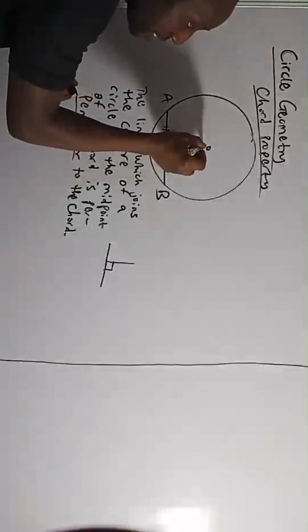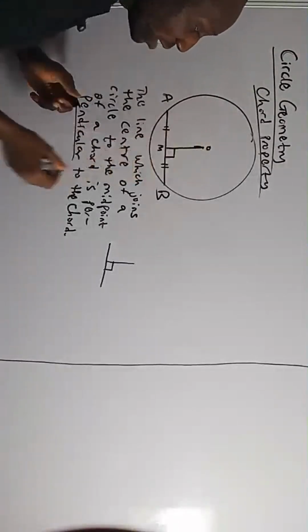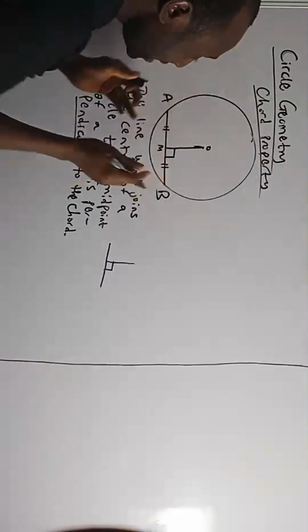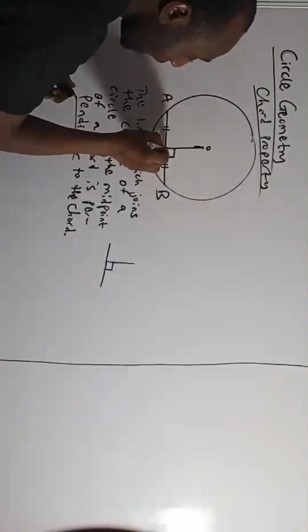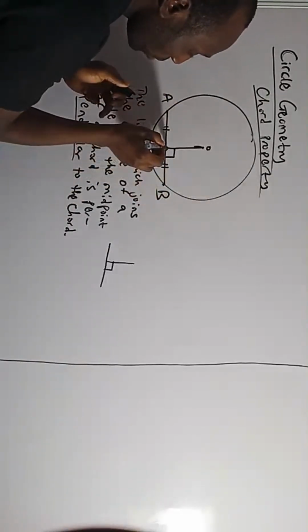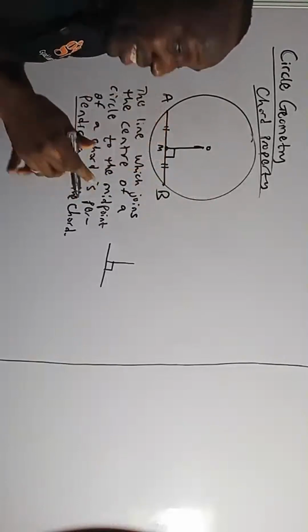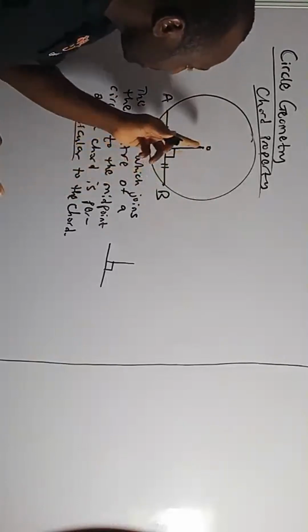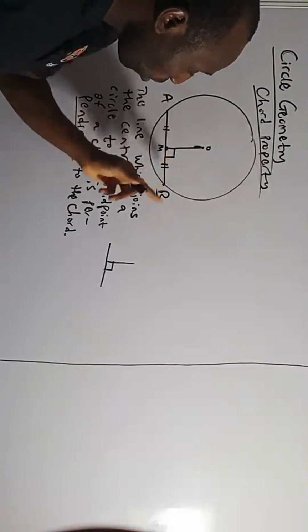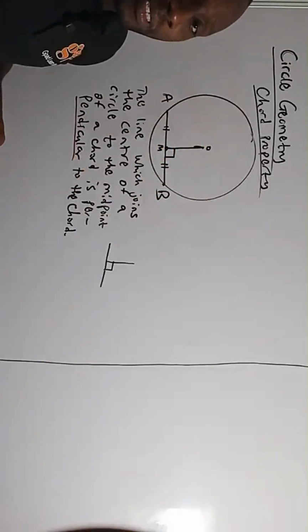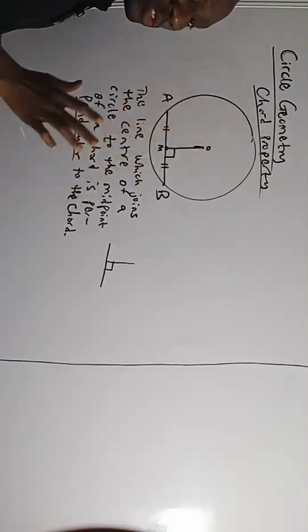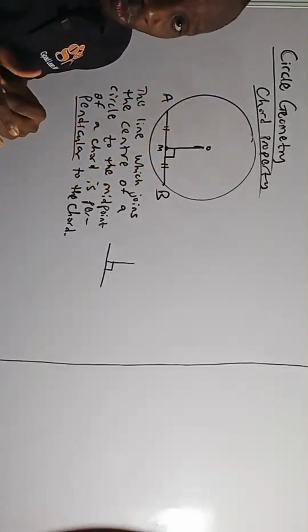So if this line drawn from the center to the chord divides the chord into two parts, from M to B is equal to from M to A. If that's the case, then the angle formed between this line and the chord is 90 degrees. This is what you need to know about chord properties.